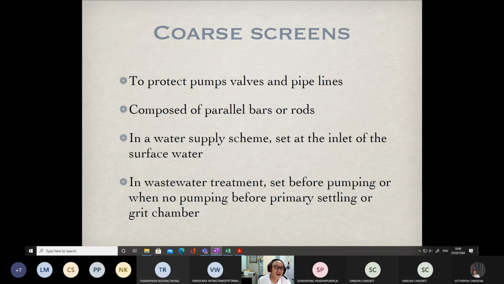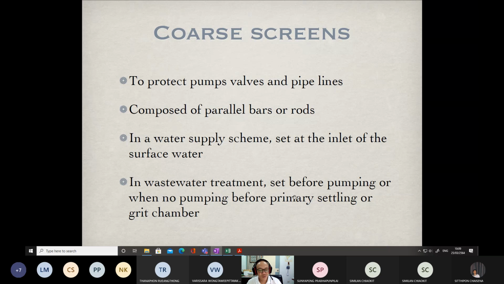So you can just have a look at the video clips I left in the files. That is the plant we normally visit regularly. Every semester we visit there. If you have a chance to go, you will see the screen is the very first unit of operation.